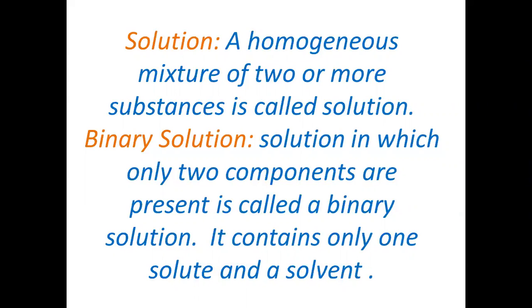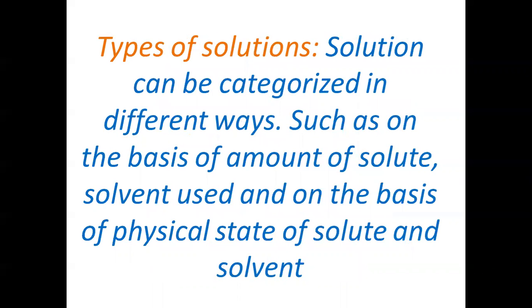In this type of solution, there are two components: one is the solute, the other is the solvent, but only one solute is there. For example, if you dissolve sugar in water, it is a binary solution, or sodium chloride in water, or alcohol in water, etc.